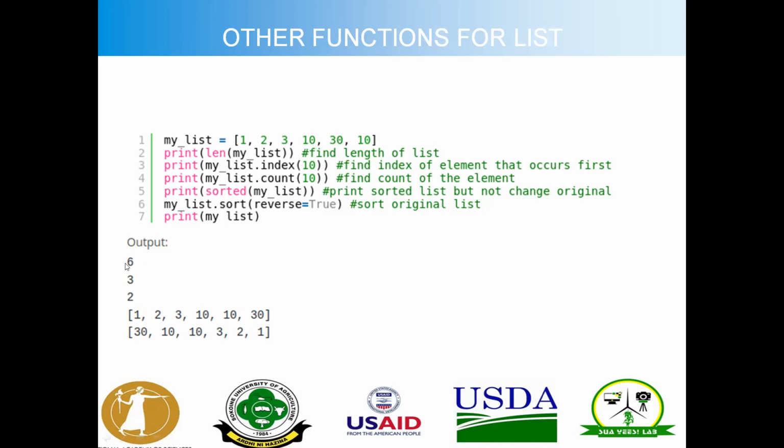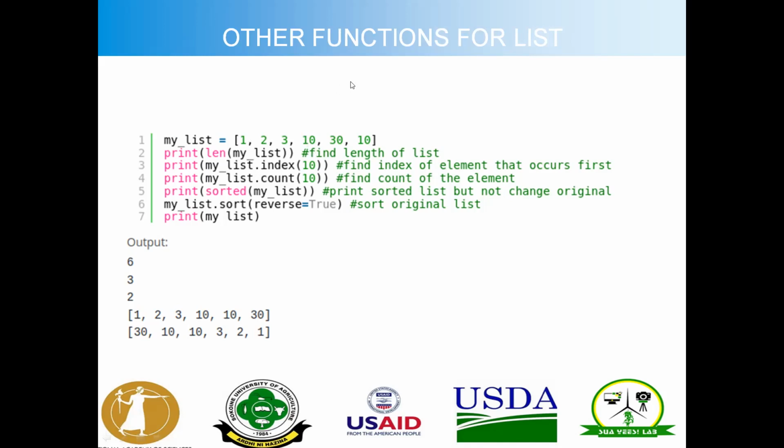That's why it printed 6. We have index 10. As I said, it will return the index where the value 10 was first encountered. For example, 10 is here, so counting index 0, 1, 2, 3, it will return 3 as the index where you can find 10.